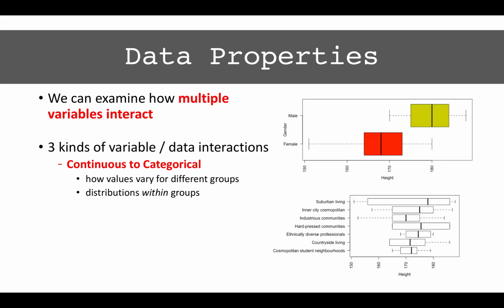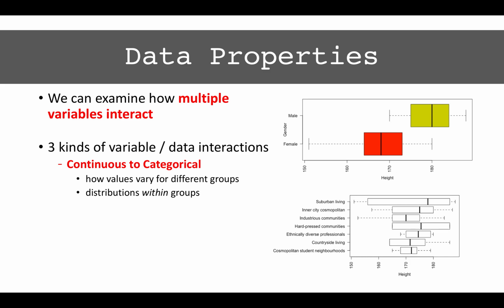Now, perhaps of most interest is how continuous, numeric variables vary with categorical ones. How do the properties of different groups vary? What are the distributions within and between groups? The first box plot shows height across the gender grouping.